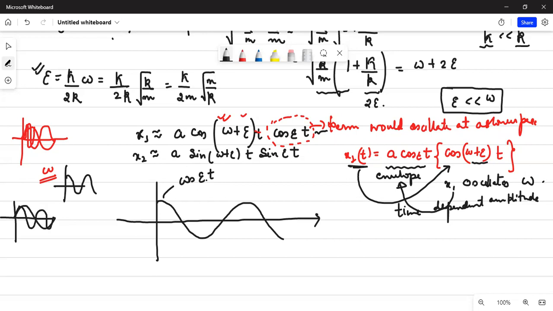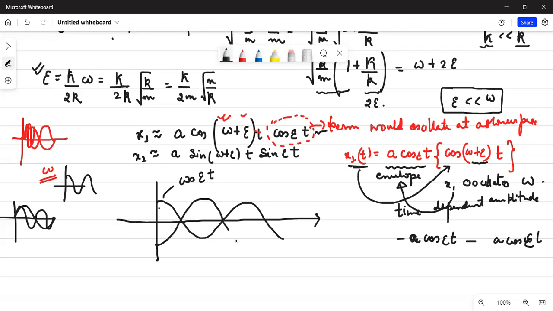And if I'm saying that as compared to epsilon, your omega is very, very large, what will happen? This particular envelope, x as a function of t, would take values from a cos epsilon t to minus a cos epsilon t. So this is a cos epsilon t and this will be minus a cos epsilon t.